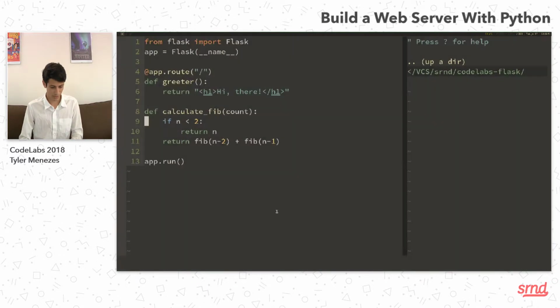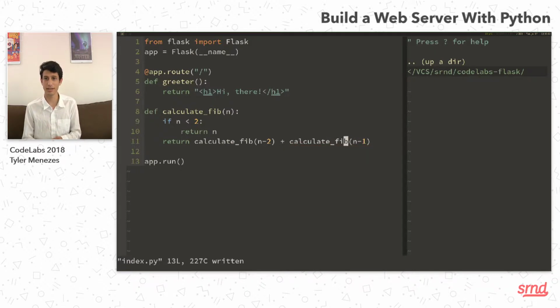So they use the parameter n. We'll call ours n, but I do want to call it calculate fib, because I think that's a more descriptive name, and I like my functions to be named very descriptively. Then when someone sees it, we don't even need to comment, because what does this function do?